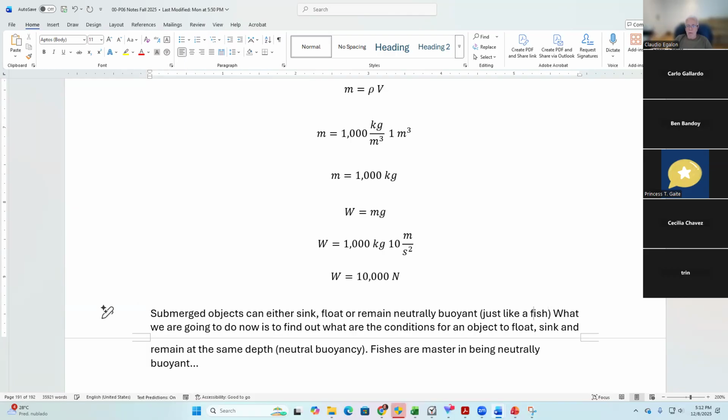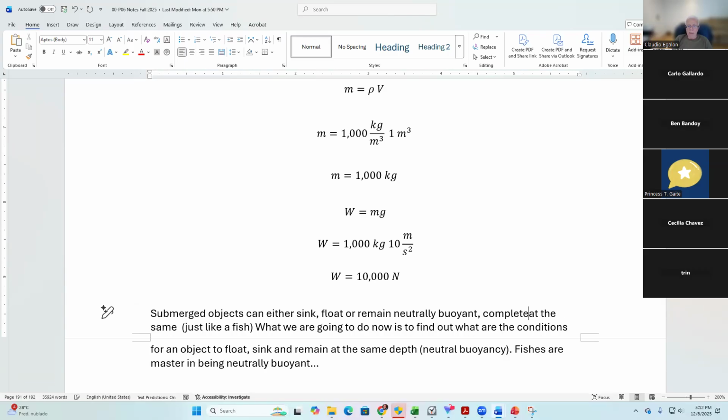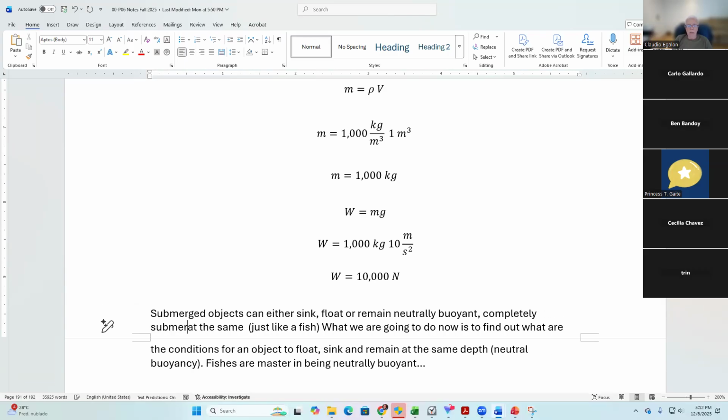And neutrally buoyant means at the same depth, completely submerged, but at the same depth, just like fish.